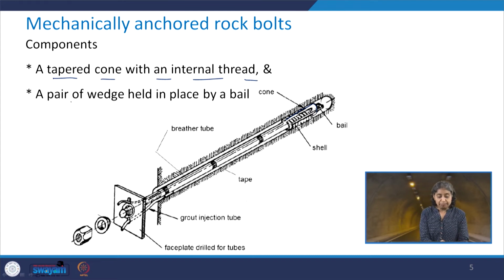And then there is a pair of wedges which is held in place with the help of a bail, which is here. We have a drill hole in the rock mass, and then this bolt is inserted and anchored at this end, and on the other end you have this face plate which is fixed with the washer and the nut.